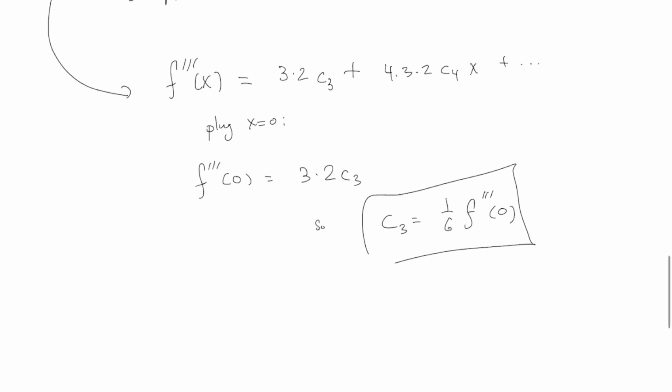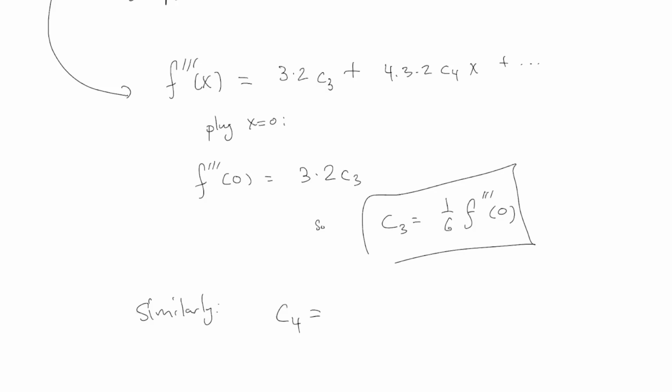So generally, can you see the pattern? Well, there's a pattern here. Maybe before I say generally, I'll just say similarly. What would the c4 be? Anybody want to guess what the next one would be?